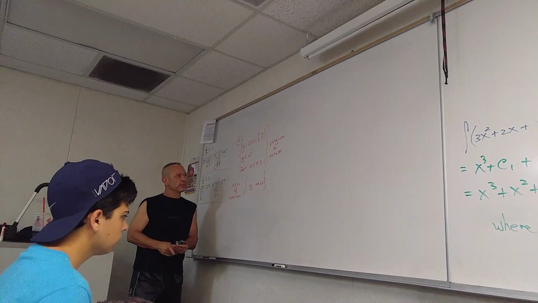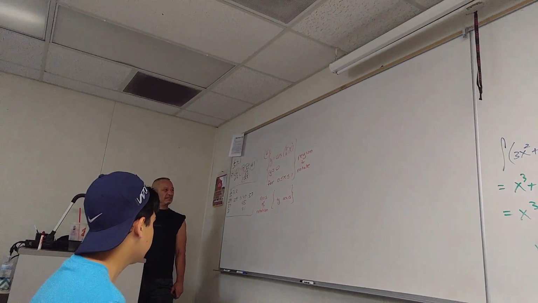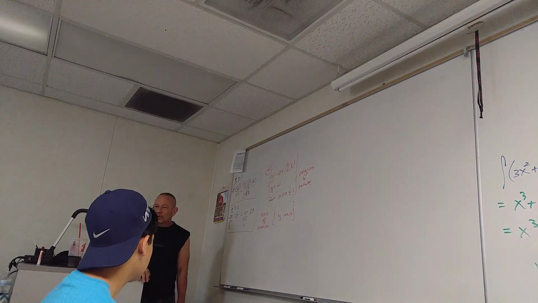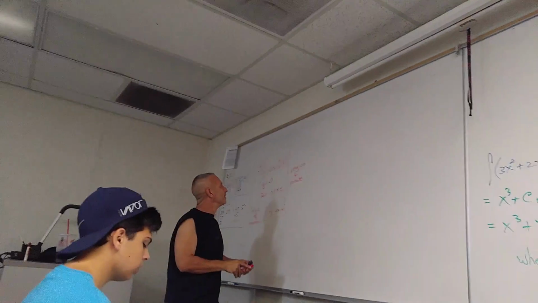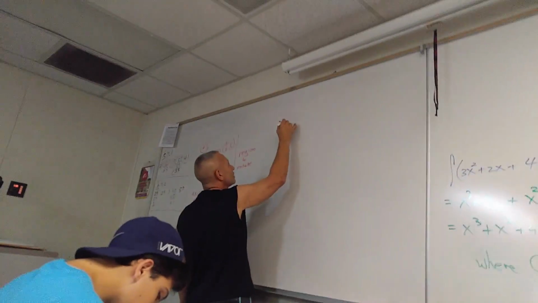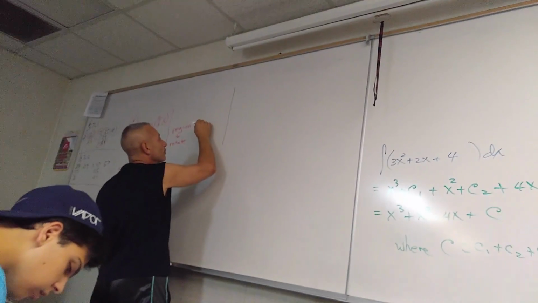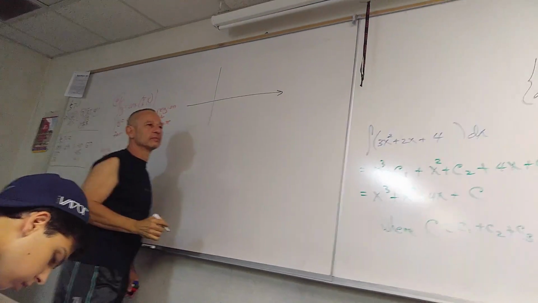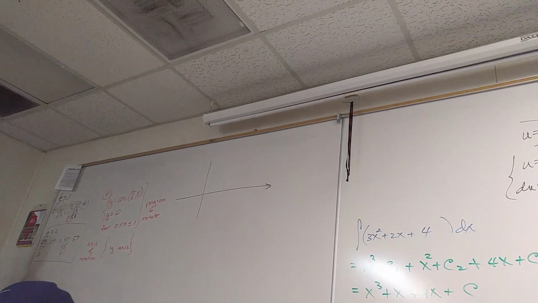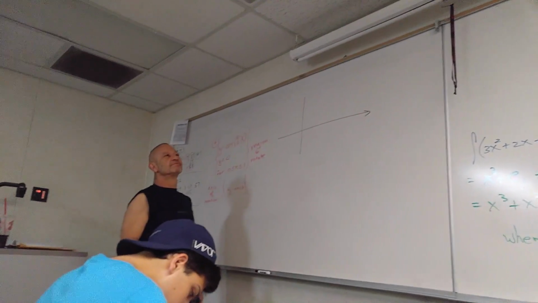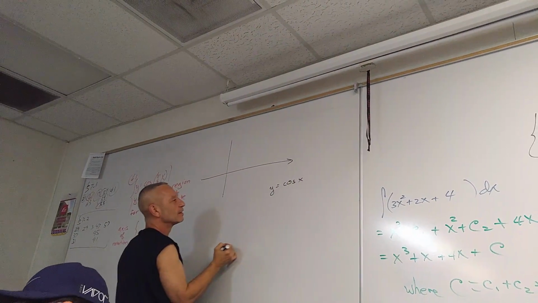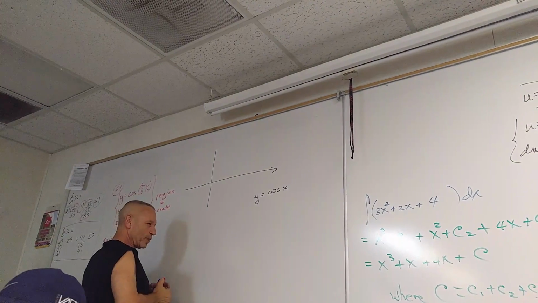All right, somebody want to tell me what to do? Draw a picture. Good idea. What does the cosine of pi over 2x look like? What does the cosine look like? It's a squiggly line.